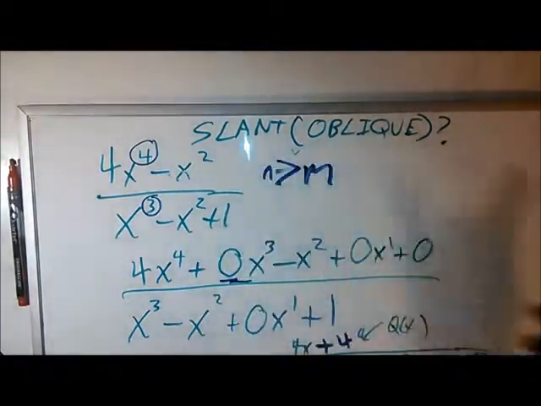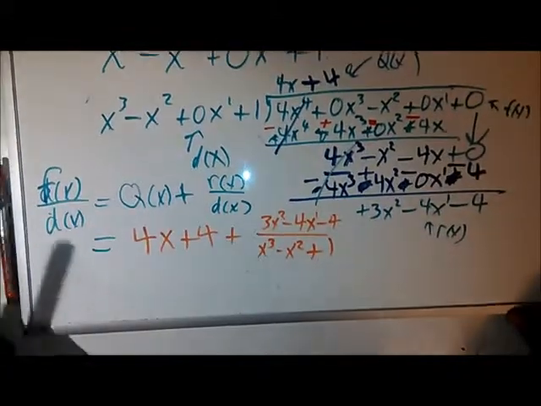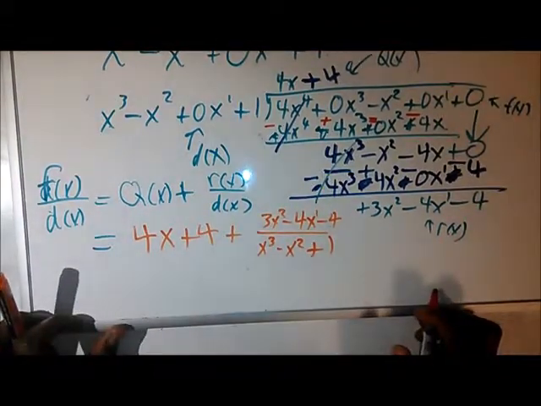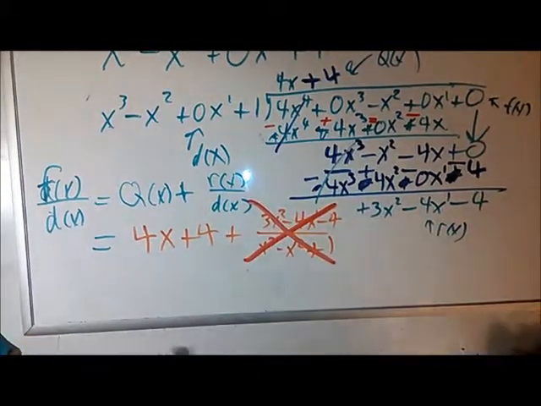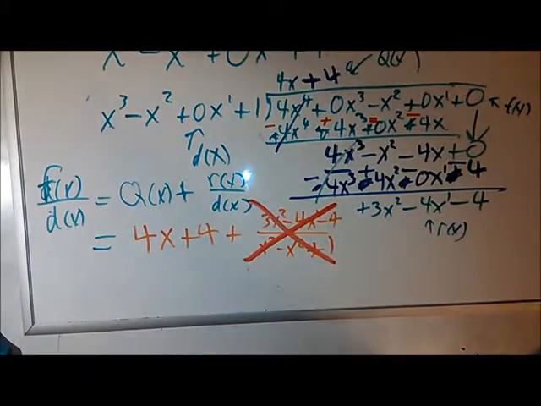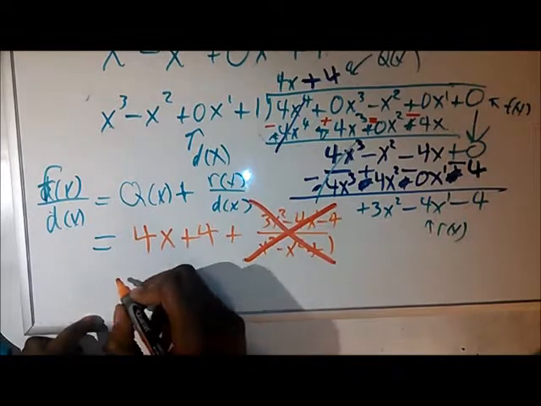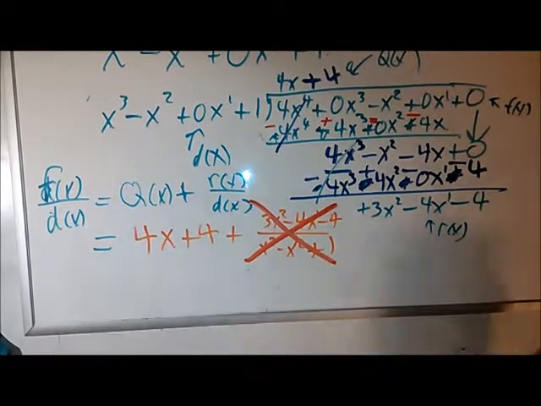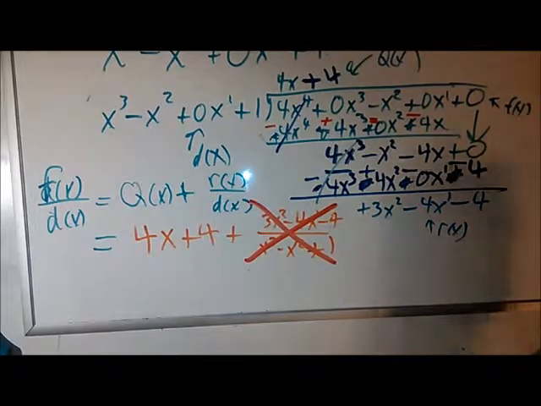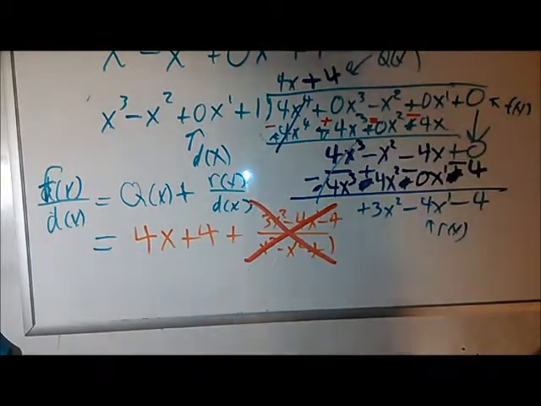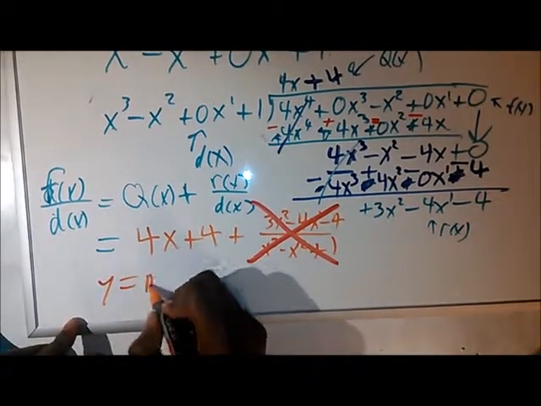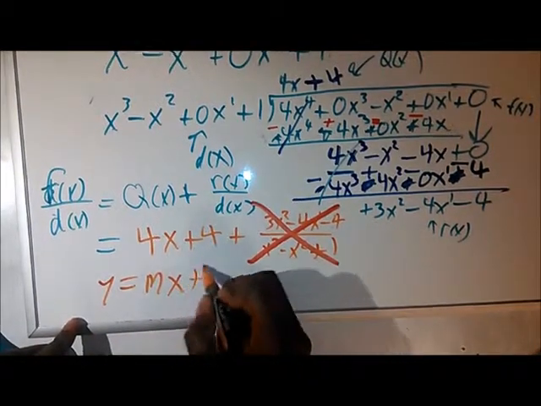Now, that took a long time. What about our slanted, oblique asymptote? Well, in order to graph it, you have to remember this. Ignore your remainder. Trust me on this one. For a slant asymptote, your answer must have a power of 1, or else there's no slant, right? Your answer will look like this: y equals mx plus b.